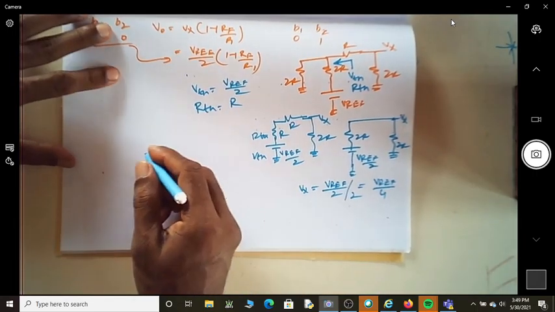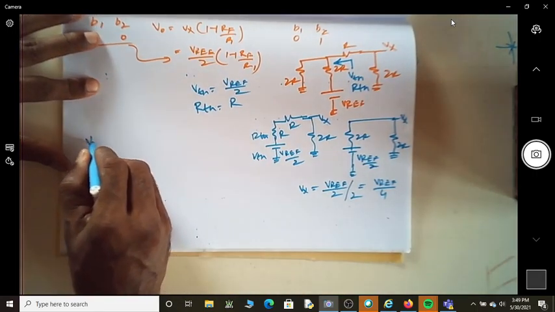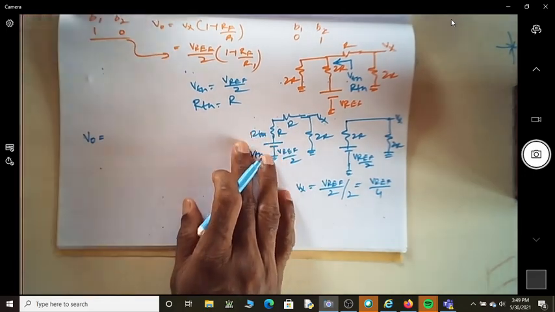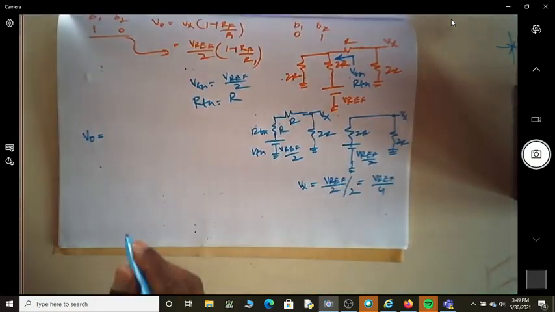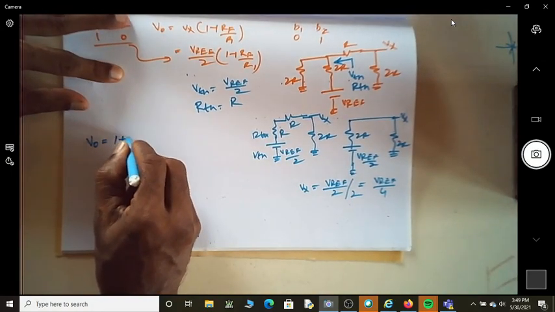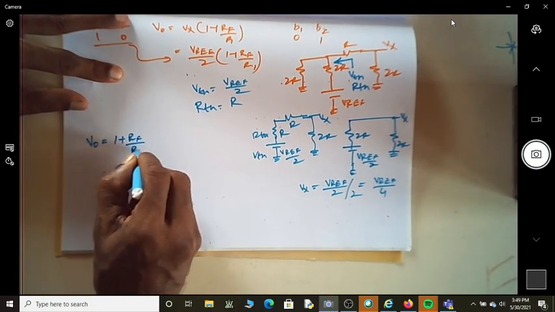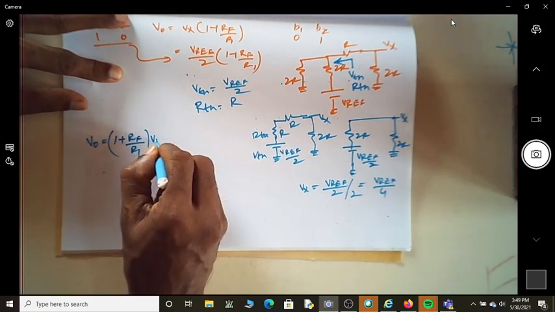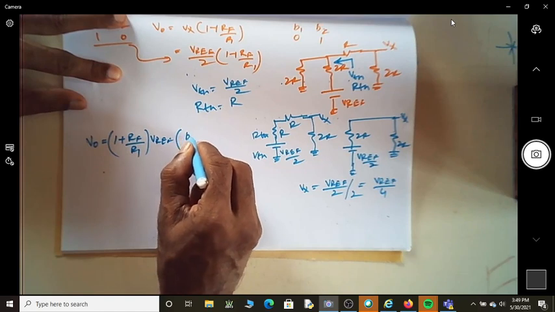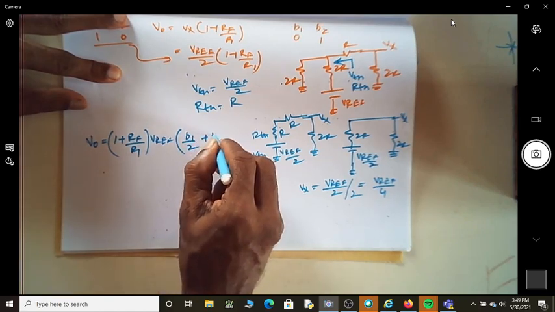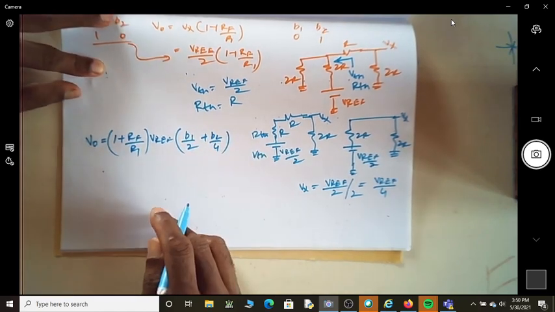So I can write the final expression for the output voltage for a general R2R circuit as equal to 1 plus Rf by R1 into Vref times B1 by 2 plus B2 by 4.